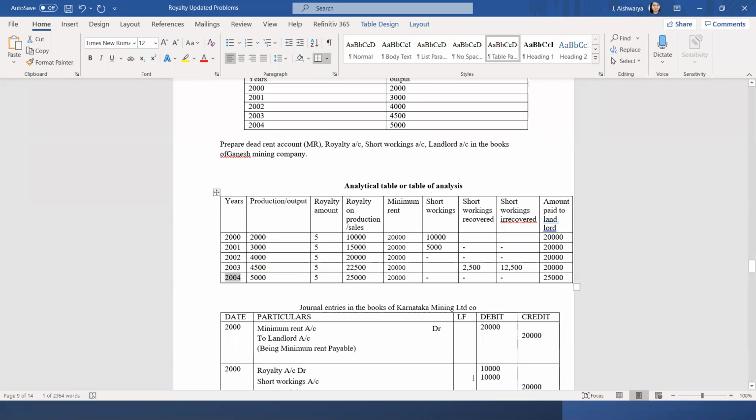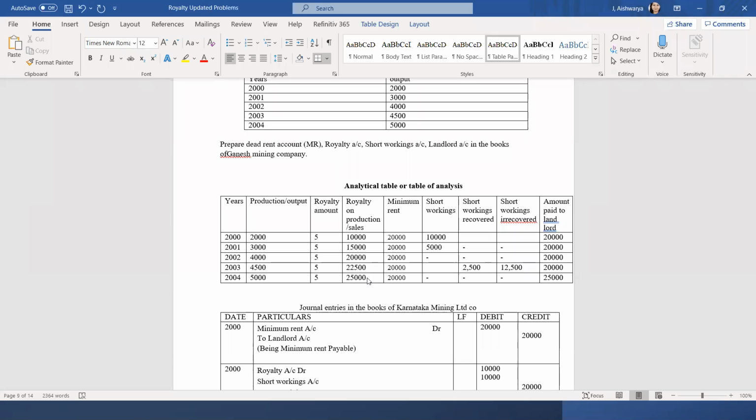As it is royalty account debit, to short workings account and to landlord account, it is given. So it is a payable entry. How much do you have to pay in 2004? Afnan? Kishan? Lata, come up. Lata, how much do I have to record for royalty account debit?